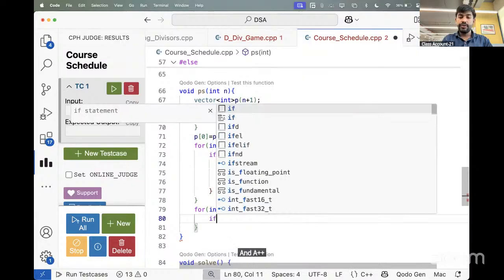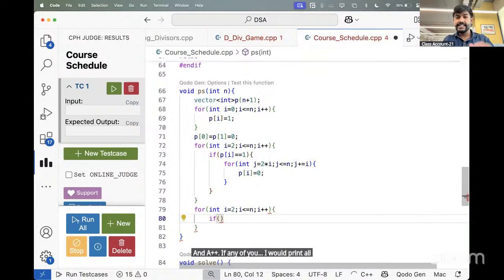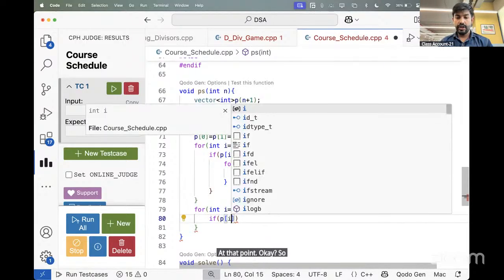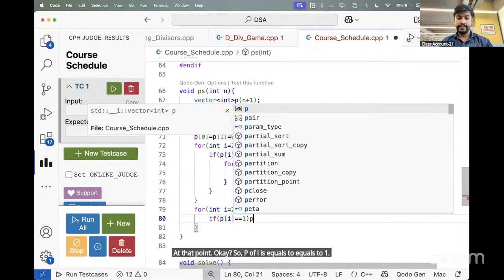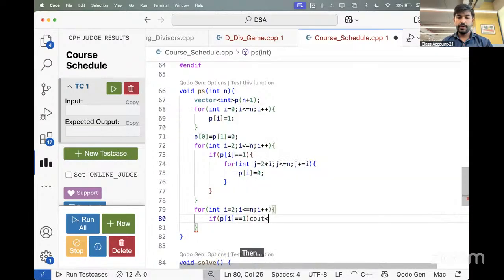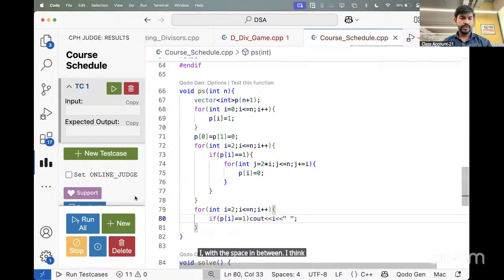I would print all the indexes which are having 1 at that point. Okay. So p of I is equals to 1. Then cout I with a space in between. I think so this would do the job.